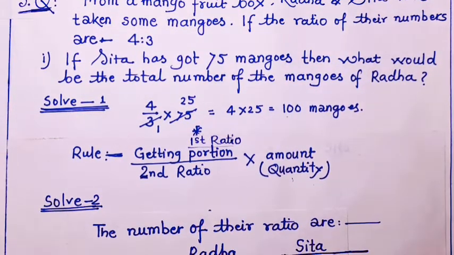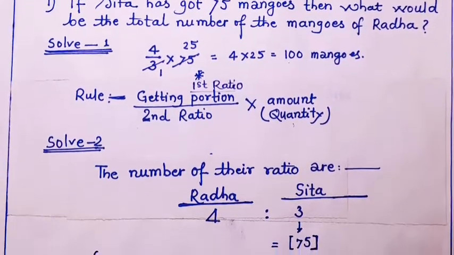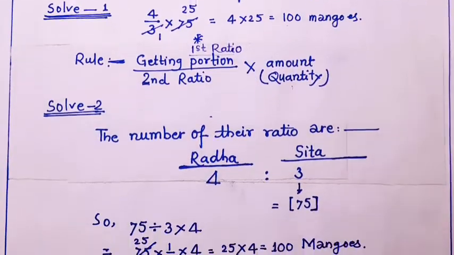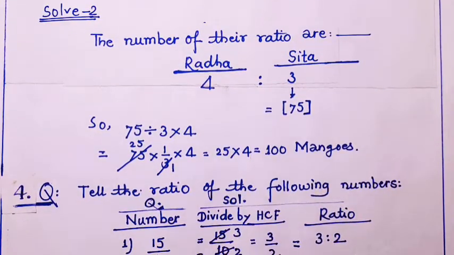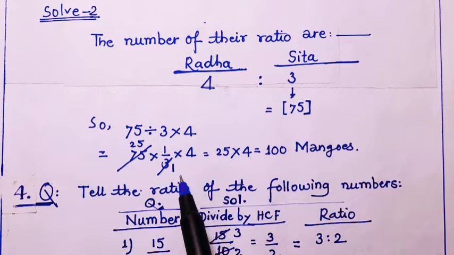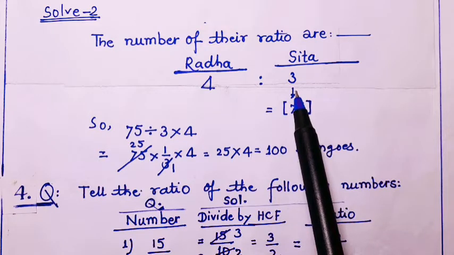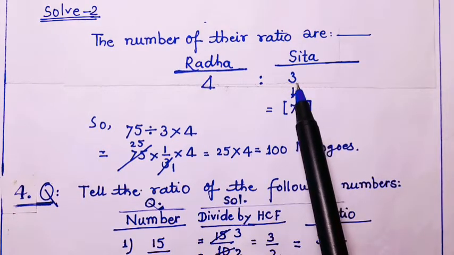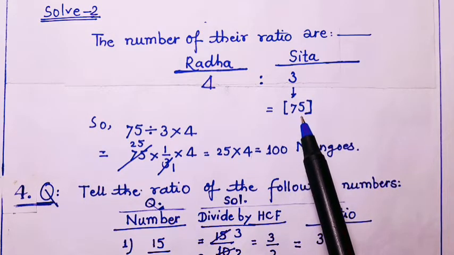This question can be solved in other rules. You can see solve number 2. The ratio of their numbers is Radha 4 to Sita 3, and for this 3 means 75 mangoes. Then we have to find out about the one part.